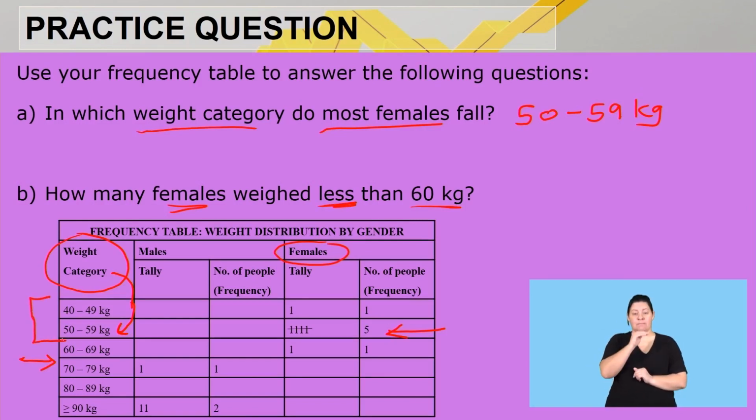So looking at this, I'm going to draw a line straight through, just to get to this part here where you can see the frequency. So meaning, less than 60 kilograms, working with females, that will be the 5, which is between the weight category of 50 and 59, plus the 1 here, which is in the weight category of 40 to 49. So therefore, our answer here will be, how many females? That will be 6 females that weigh less than 60 kilograms. Guys, I hope that makes sense, and I hope that's clear to you.